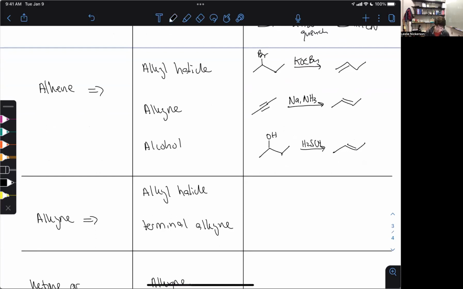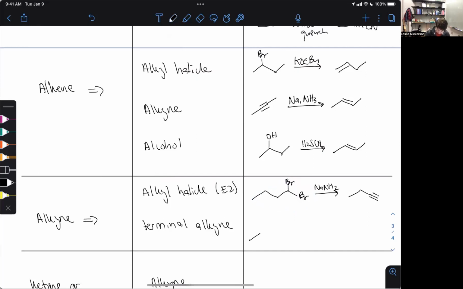Our alkynes, we can get those from alkyl halides through two E2 reactions. So if I have two bromides, and then I throw in a really strong base, that's going to get me to an alkyne.